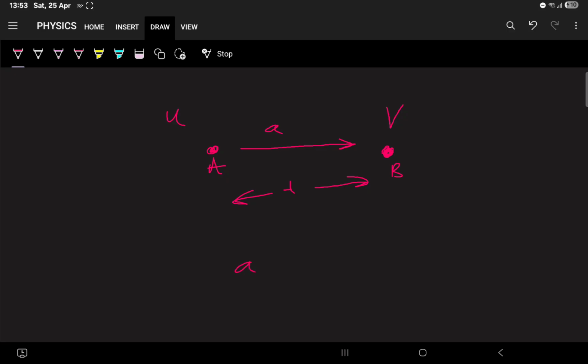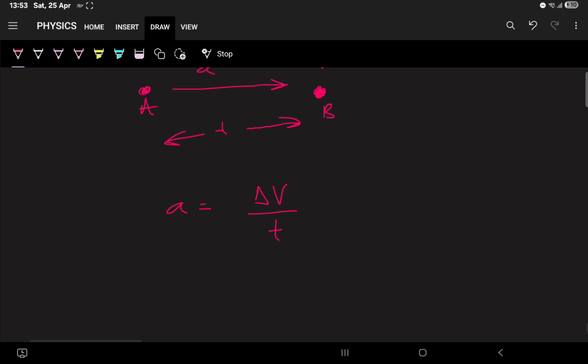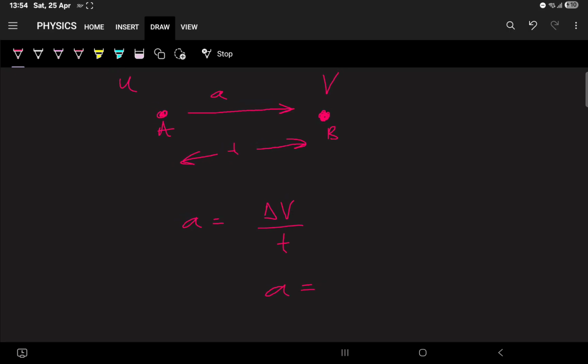Now acceleration is given by change in velocity over the time interval, which we have by t. Our change in velocity, based on the terms defined here: our final velocity is v, our initial velocity is u.